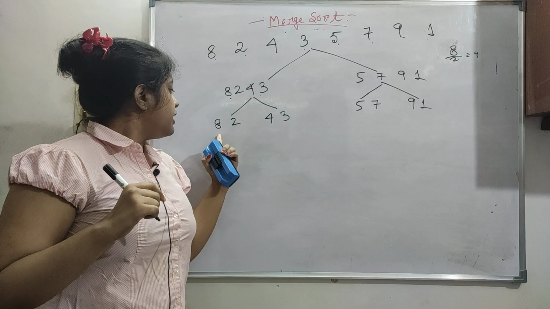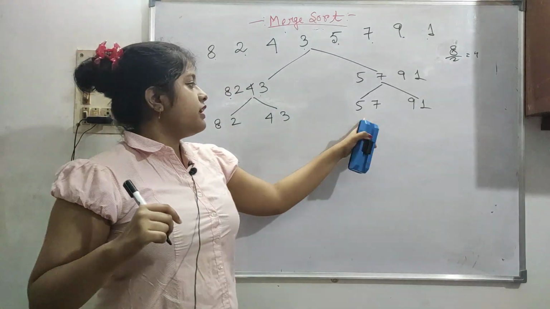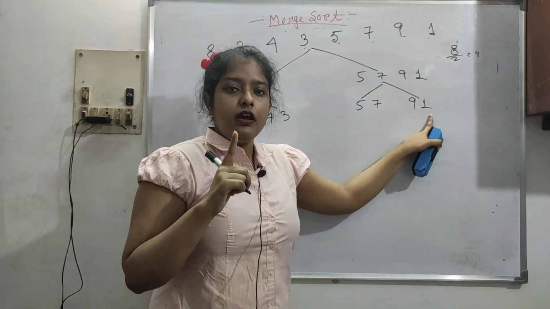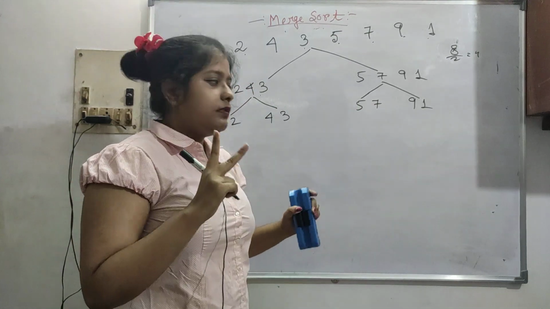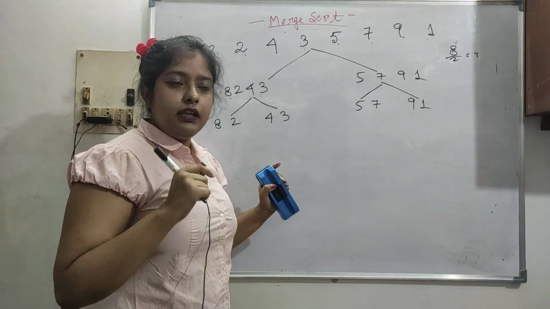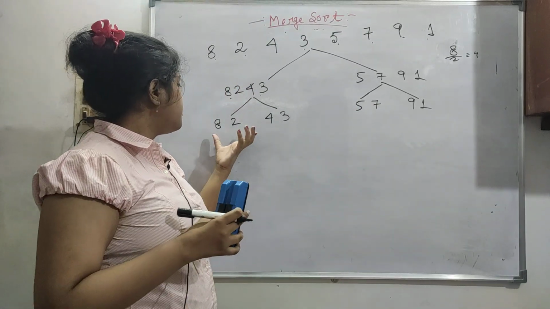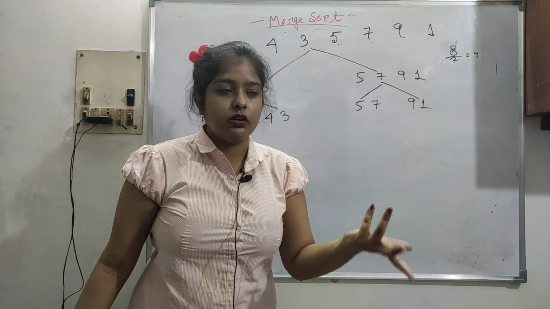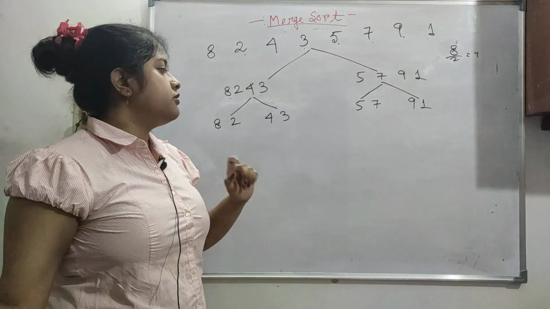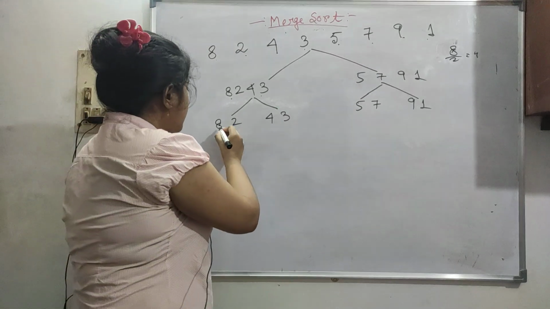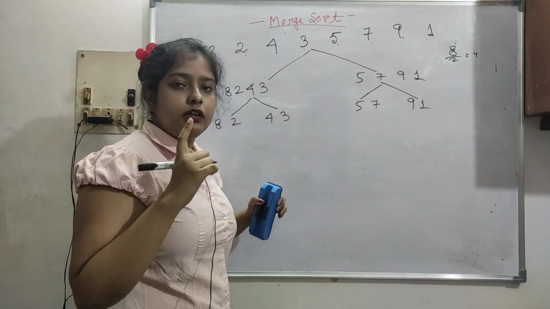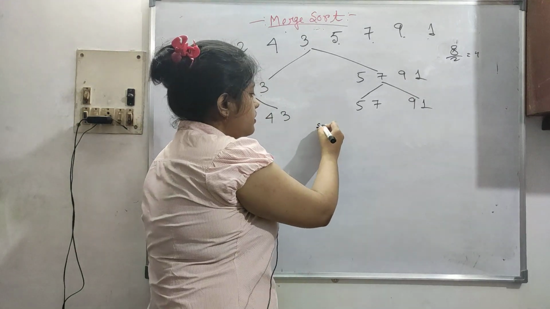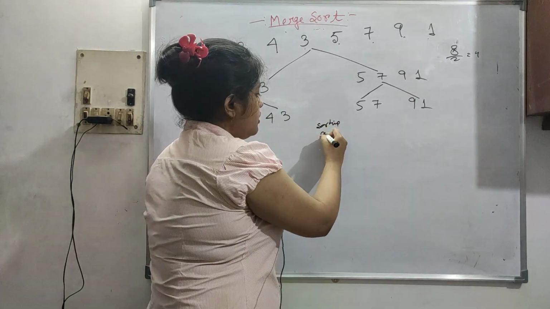This is the shortest. You cannot break it again, because when it has only one element, how will you sort? So it now has 2 elements each. Now sort. See, 8 and 2, like I have already told you, sorting in ascending order.